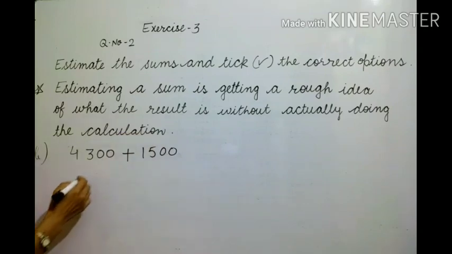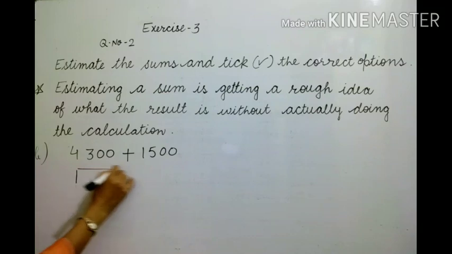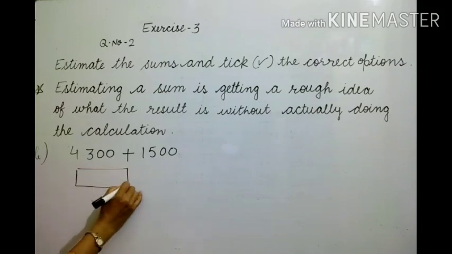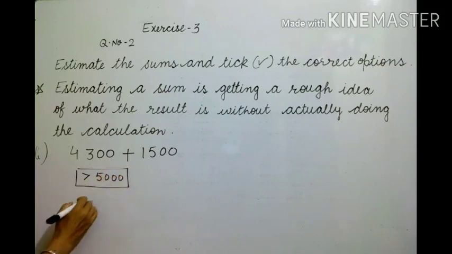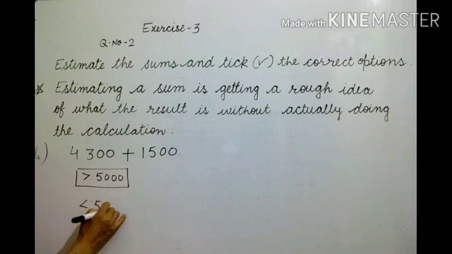First, we see the answers. What are given? Greater than 5000 and less than 5000. We are given two options. We will find which option is right.